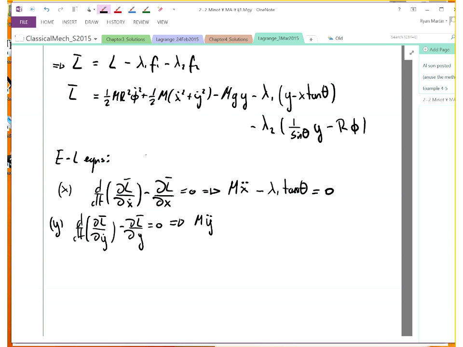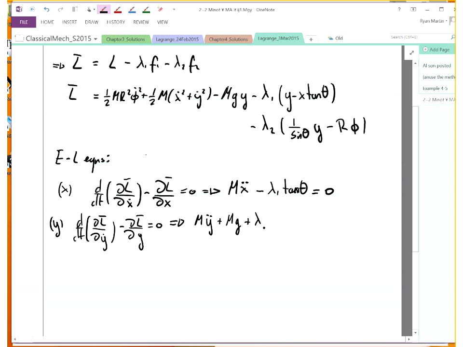Now I need minus ∂L̄/∂y. Where do I have y? The first term that has a y is the potential energy. I have minus mgy, so ∂/∂y of that is minus mg, and since it's minus ∂L̄/∂y, it's plus mg. The next term with y in it is minus lambda 1 times y.